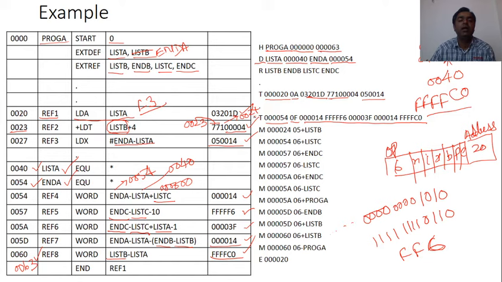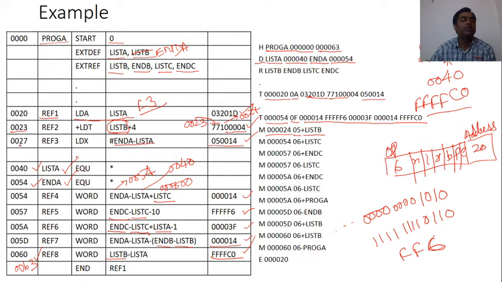So I have to write the modification record at 000024, this one. In how many half bytes? I have to add the value of list B in 5 half bytes, that means 5 nibbles. So it is written here 05. And what do I have to add to find the value of this expression? List B. So it is written here plus list B.